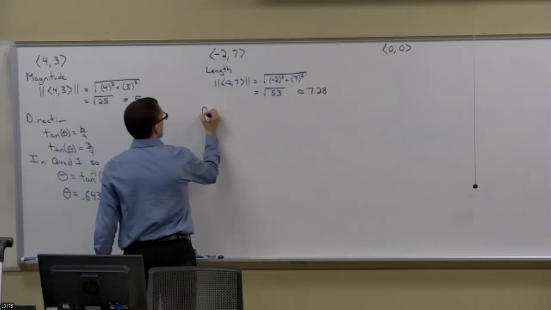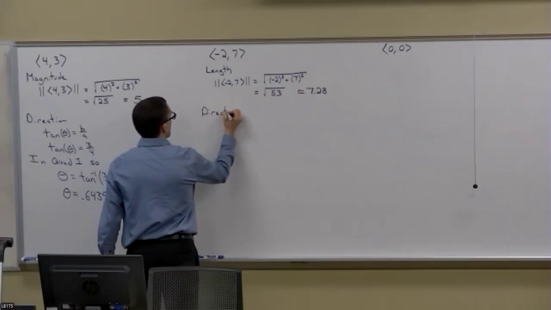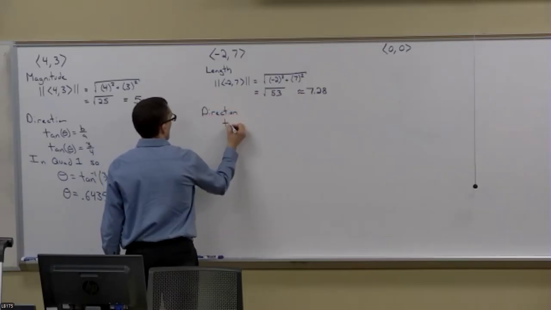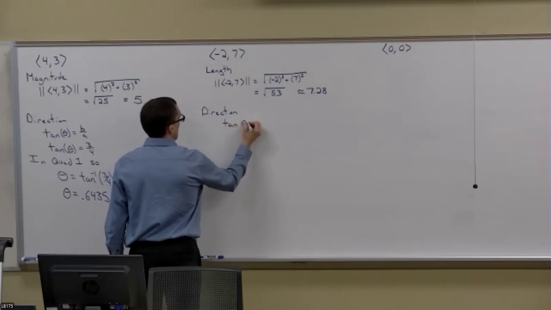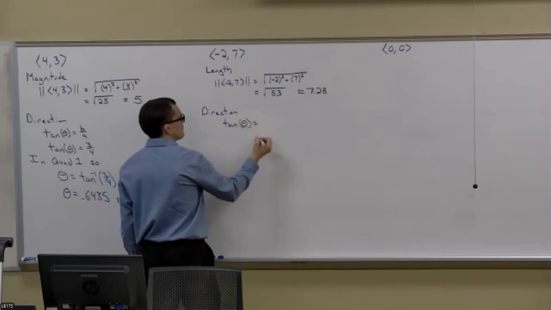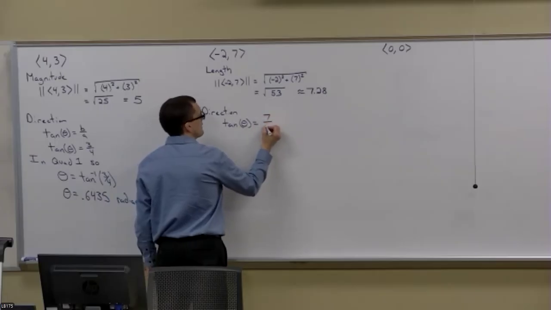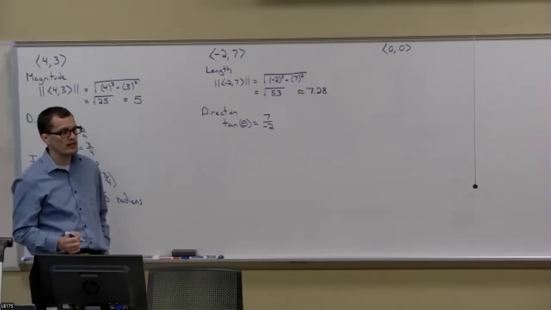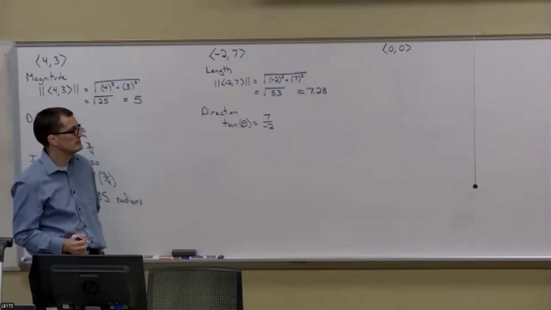Now the direction of this vector. Tangent of theta should be equal to, in this case, 7 over -2, y over x, in other words.